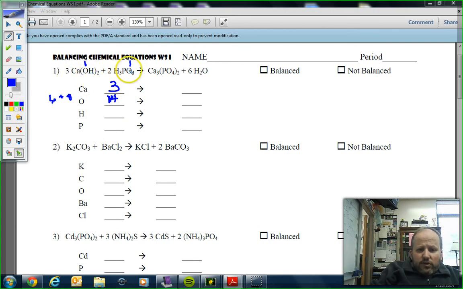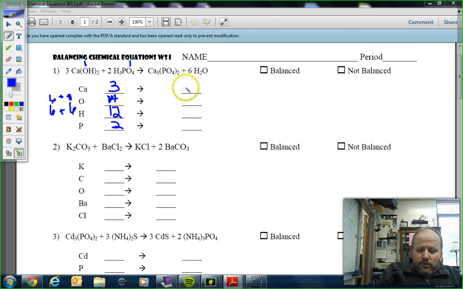Hydrogen is also in everything on the left. That hydrogen's in parentheses. 3 times 1 times 2 is 6. This one is not. 2 times 3 is 6. We get 12. Now, phosphorus. 2 times 1 is 2.